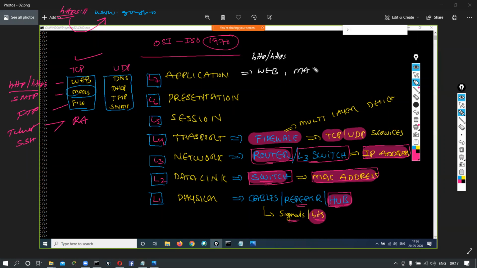For mail service, SMTP. For file communication purpose, FTP. For remote access purpose, Telnet or SSH. Clear now? All these services and protocols come under layer 7 only.